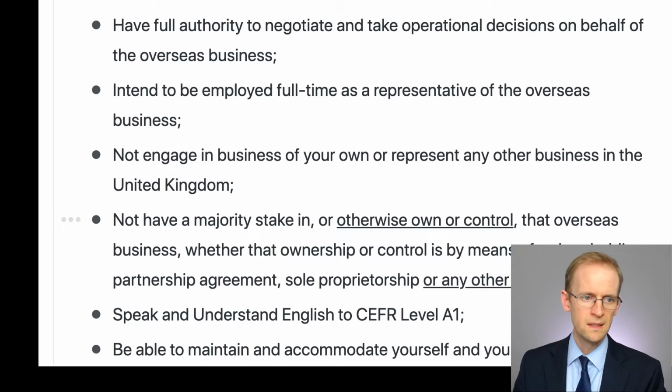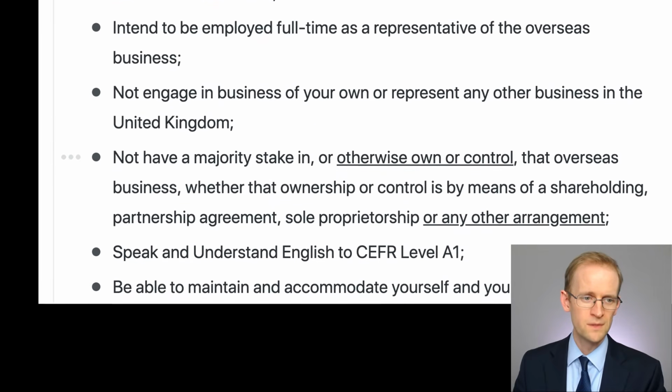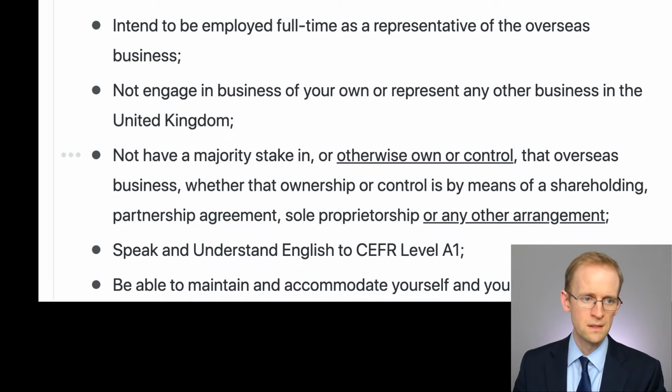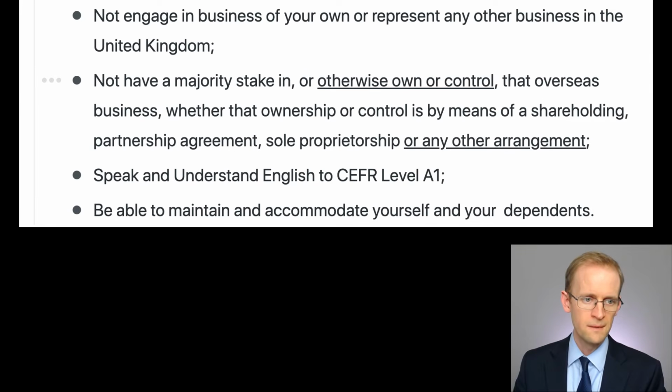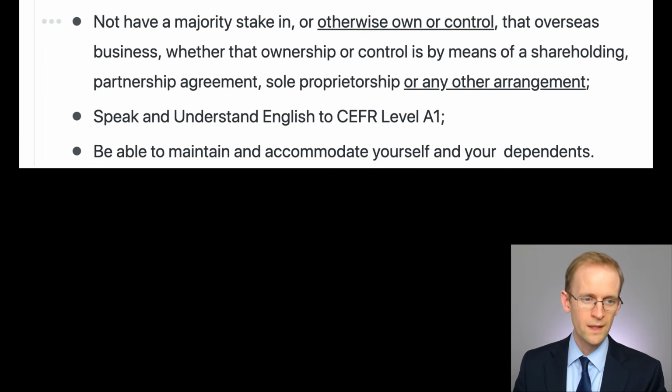The intention must be to employ you full-time as the representative of the overseas business, and you mustn't engage in business of your own or represent any other business in the UK. You must not have a majority stake in or otherwise own or control the overseas business. This is the point I was explaining before.